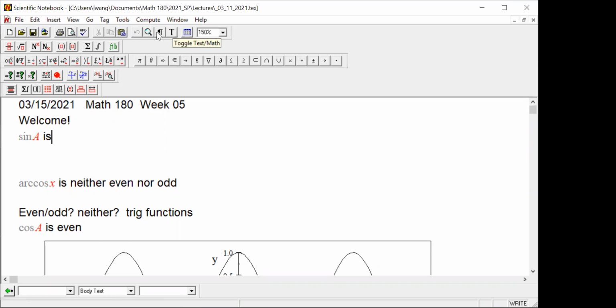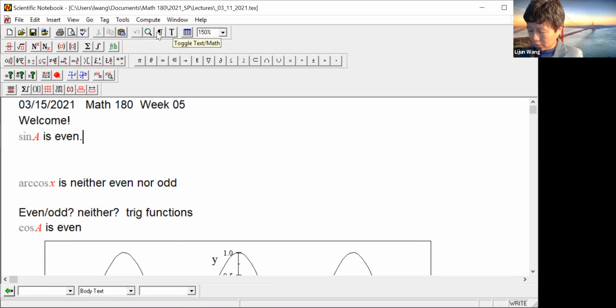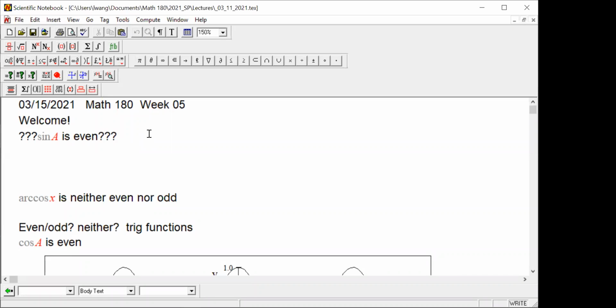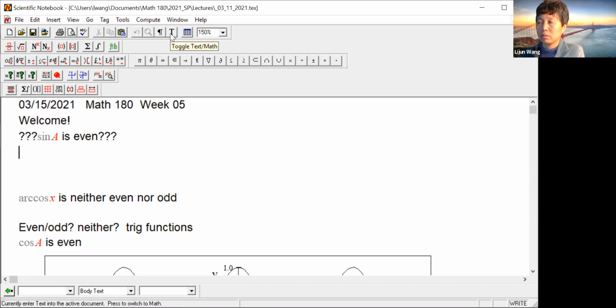I think sine is even. Okay, sine is even. I put a question mark. Can you show me how sine is even? It's symmetrical. Is it symmetrical? It has negatives.